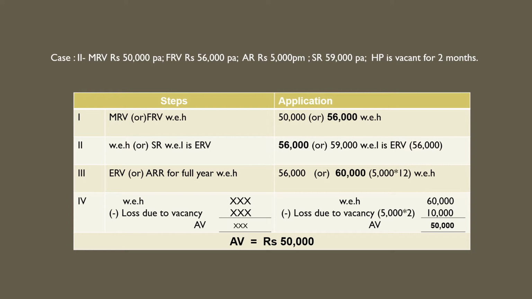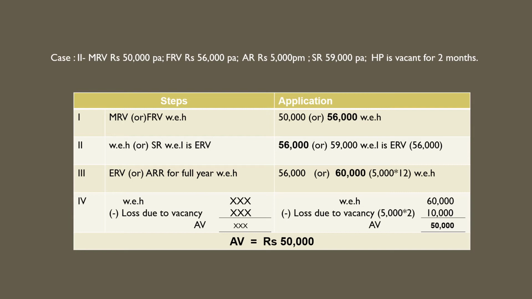When the house is vacant, then there is an additional step, which is the fourth one, wherein the highest amount, that is 60,000, will be reduced by the loss that has occurred to the owner due to the vacancy.